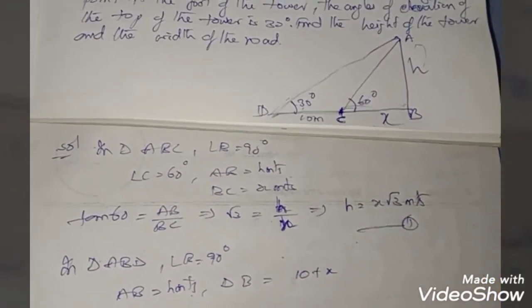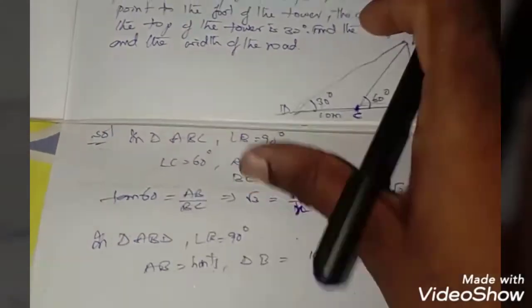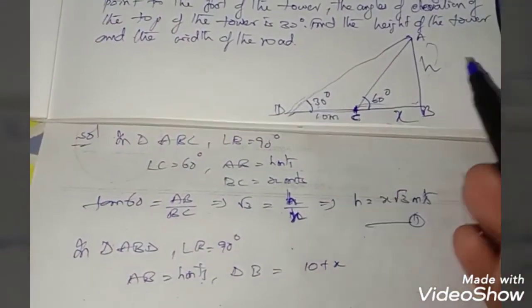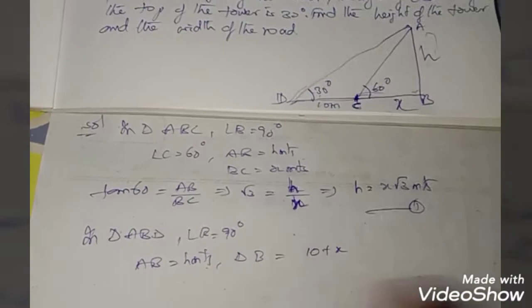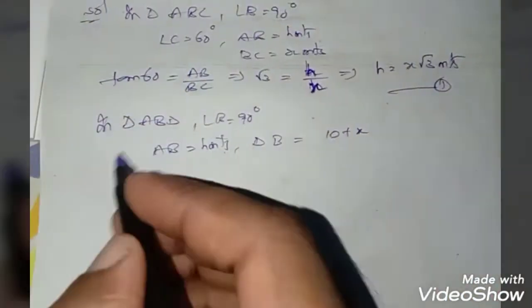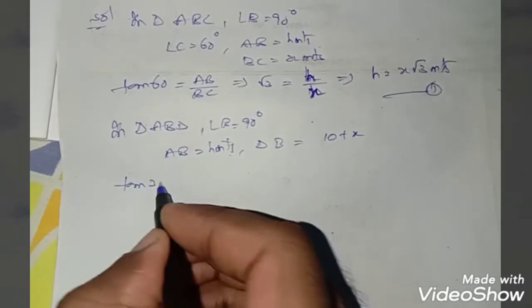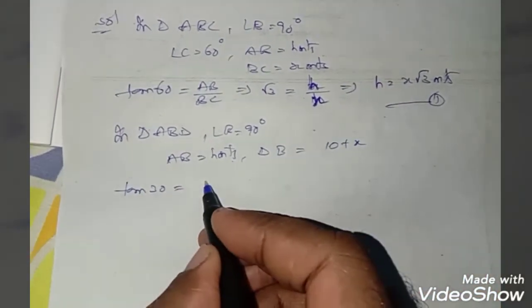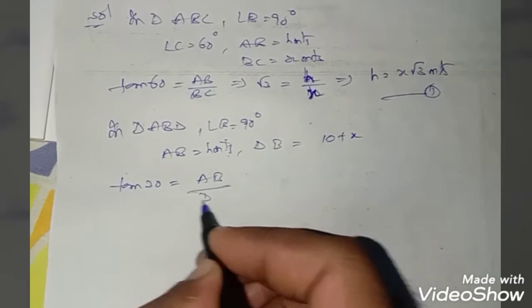Now as per your ratio, 30 degree means opposite and adjacent, which will come in tan, so I can say tan 30 is equal to opposite, opposite is nothing but AB by DB.